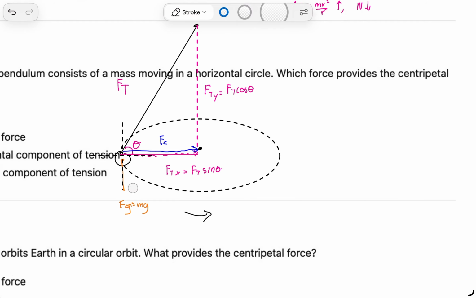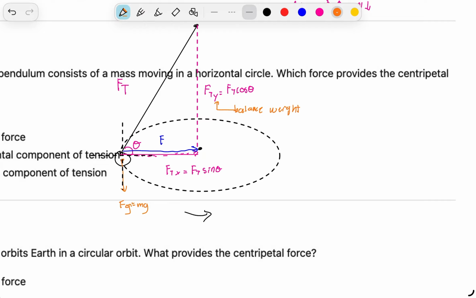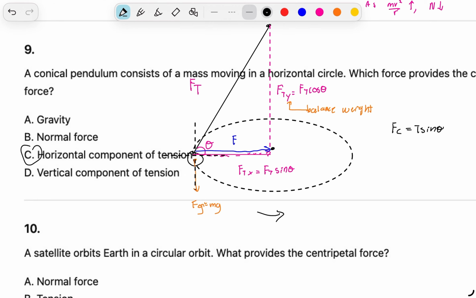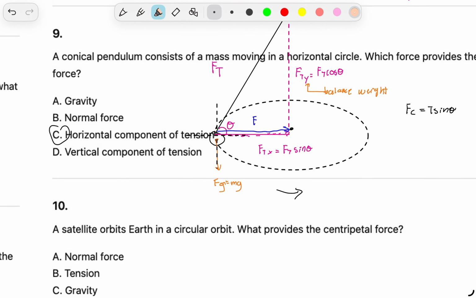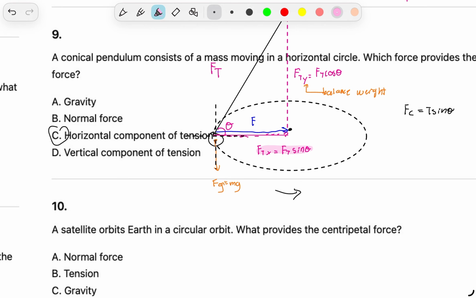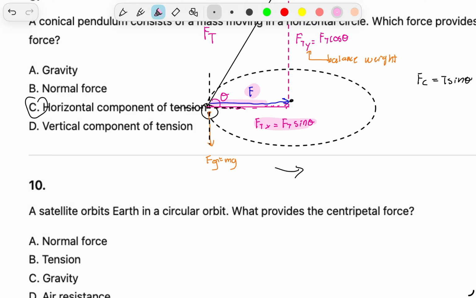So that means that if we set up our centripetal force, we can say that your centripetal force is equal to T sine of theta. So our answer is equal to the horizontal component of tension, because you can see here Ftx is your same force.